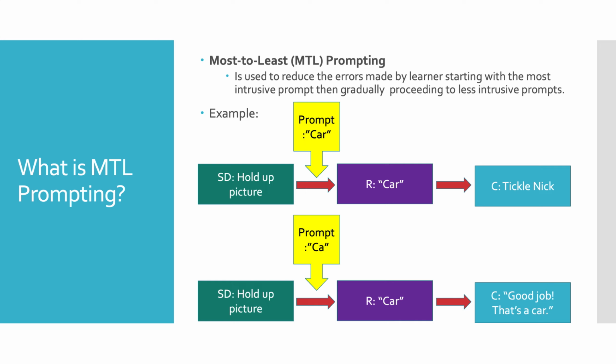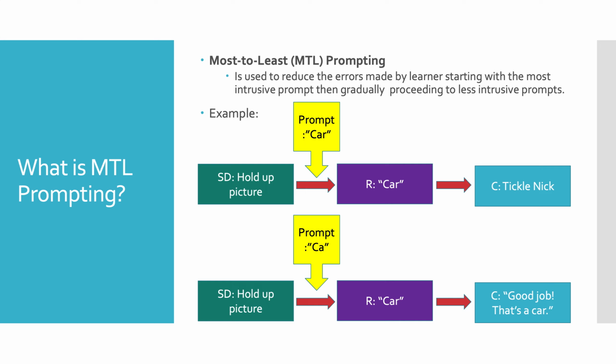Then for the next prompting strategy, again, this is a process of gradually fading that prompt, the SD would be holding up a picture. Then the next prompt, you're not going to say "car" because that was a full verbal.